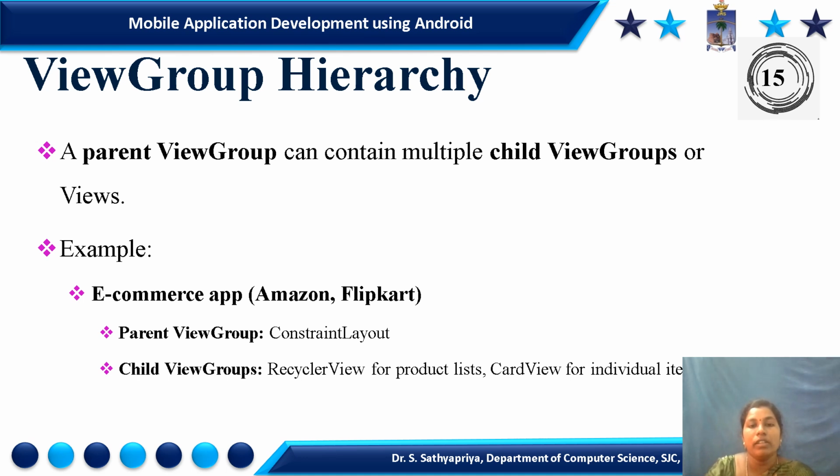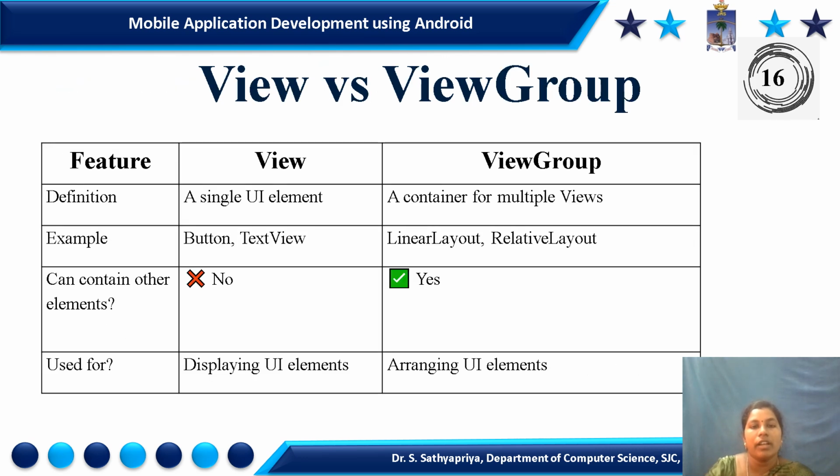Consider an example e-commerce application like Amazon or Flipkart. Here, the parent view group is constraint layout, and the child view groups are a recycler view for the product list and card view for individual items. And then the differences between views and view groups: a view is a single UI element. A view group is a container for multiple views. It contains multiple views in a single layout.